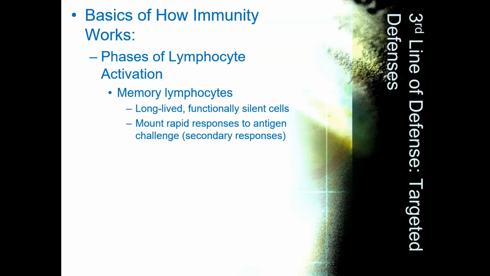The big question becomes, how long do these memory cells stick around? For some diseases, it seems like they stick around for life. For others, they sort of teeter out after a certain period of time. And at this point, we don't fully understand why you keep the memory cells for some and not for others.